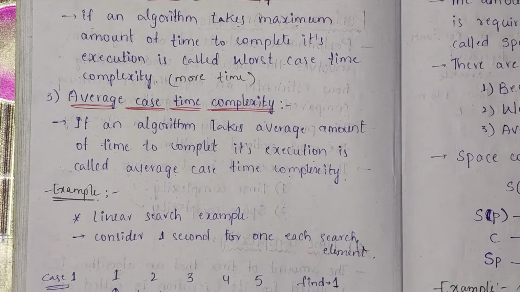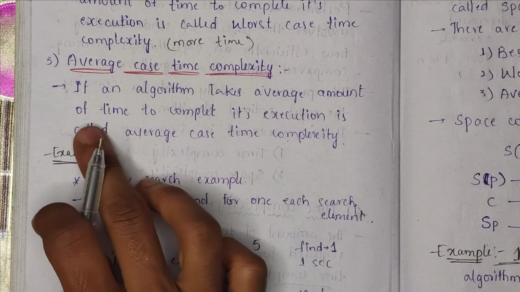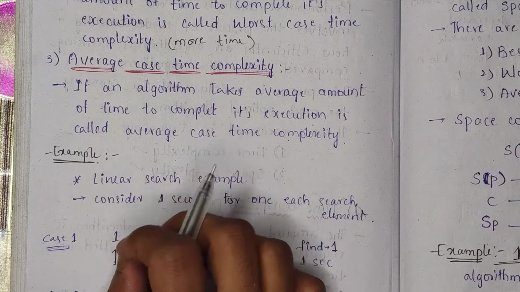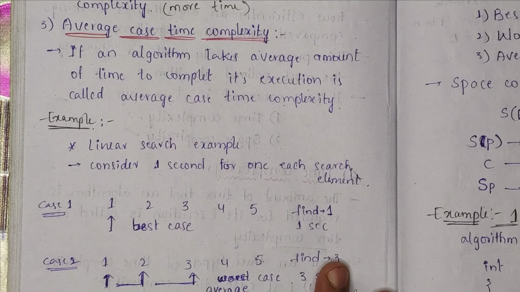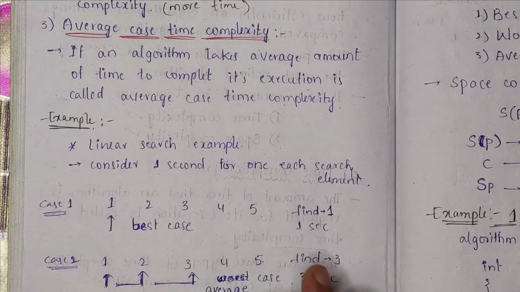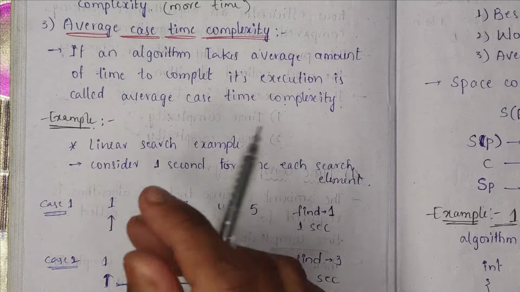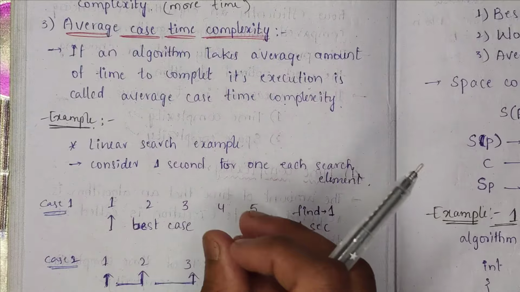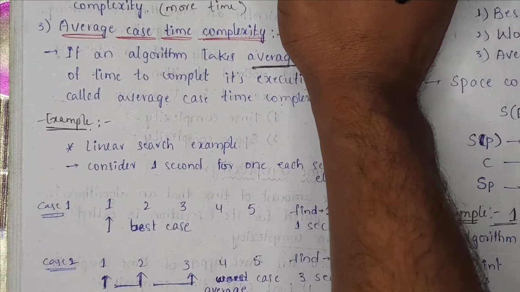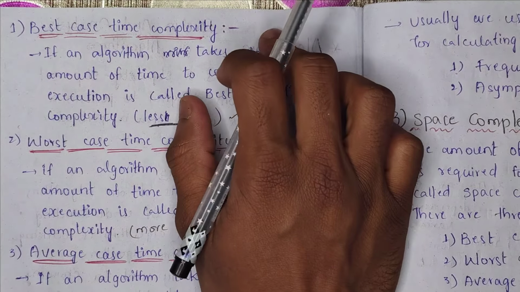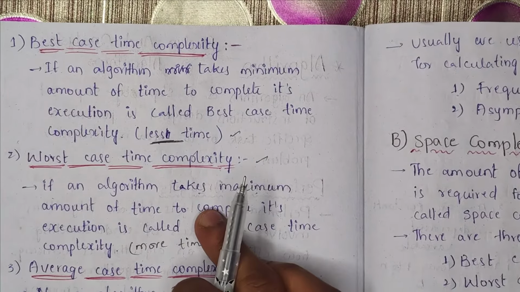Now coming to average case time complexity: if an algorithm takes an average amount of time to complete its execution, it is called average case time complexity. Average case is neither the best case nor the worst case of the time complexity.